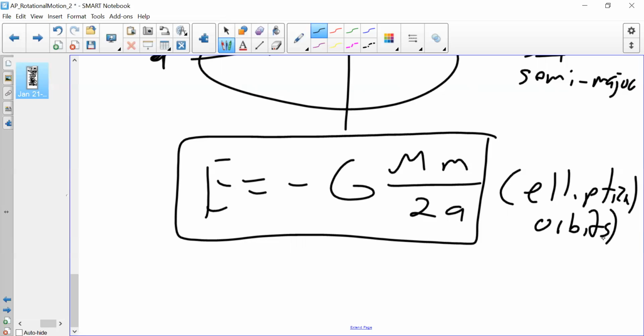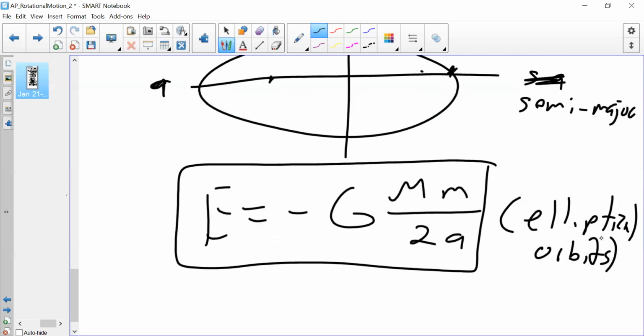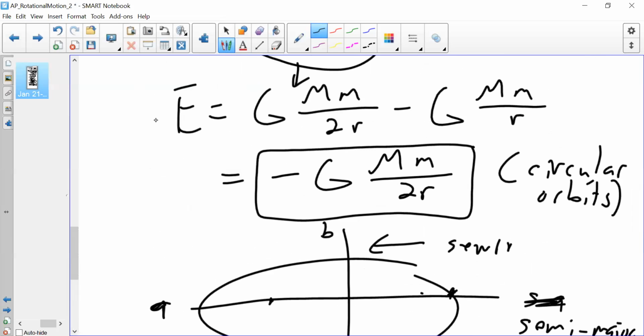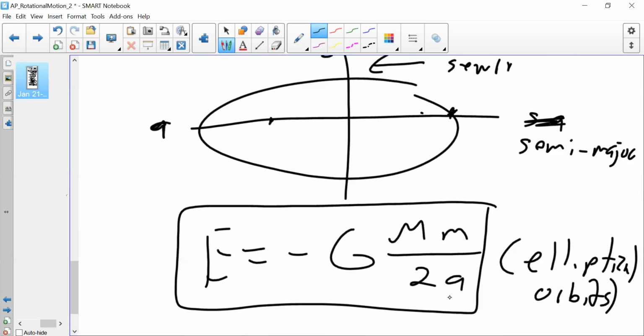The last thing that we're going to do is derive this equation for escape velocity. What is the speed necessary to leave the Earth's gravity? And we're going to do a sample question in one of these sections and then move forward. But that's basically the basics of this. Total energy for circular orbits is negative, as well as for elliptical orbits.